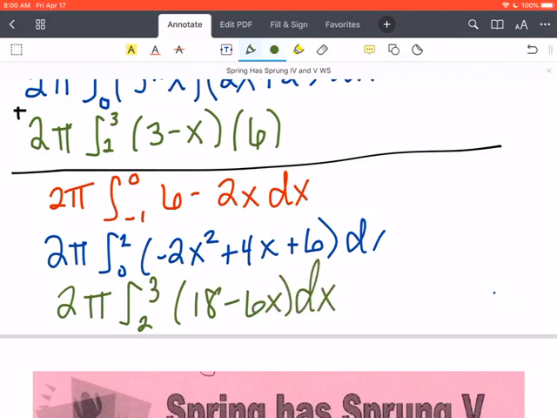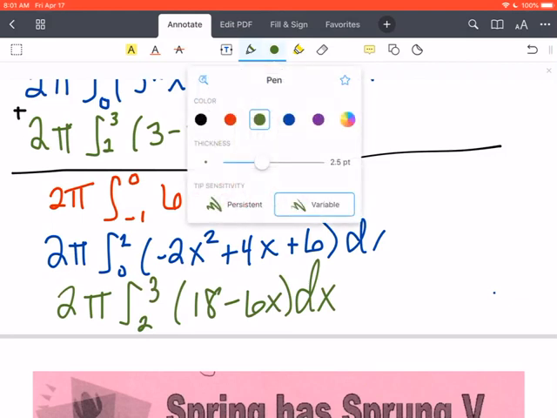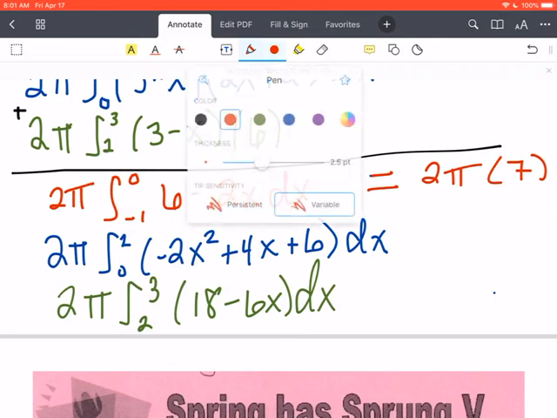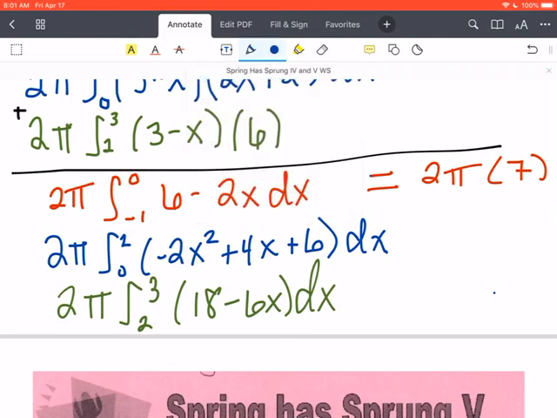So when you go ahead and evaluate each of these integrals, which you could definitely do by hand, all of these activities are made so that you can do them without the aid of an integrating device, but that's okay if you did so. This integral in red is going to give us 2 pi times 7 if you evaluate it from -1 to 0.